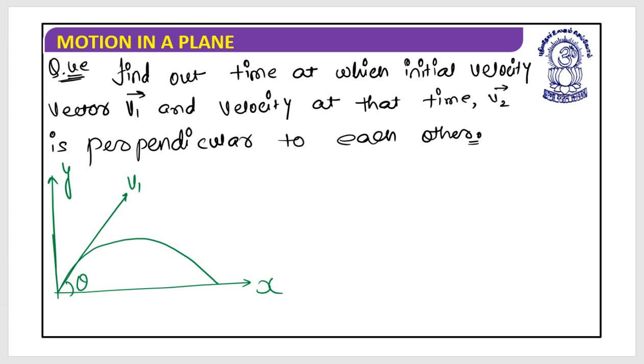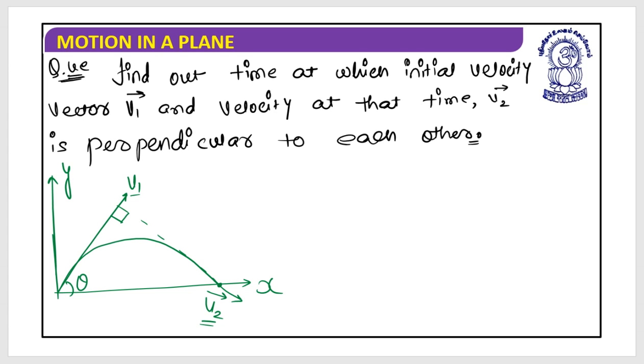Now let us assume that at a certain time there would be a certain velocity vector, v2, and this velocity vector and v1 must be perpendicular to each other. That is what they require. They want the time so that v1 and v2 are perpendicular. So how could I do this?